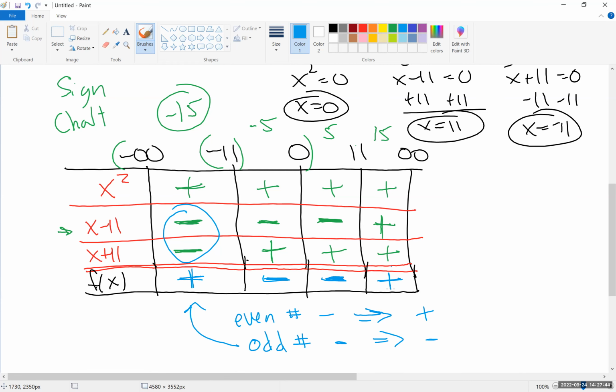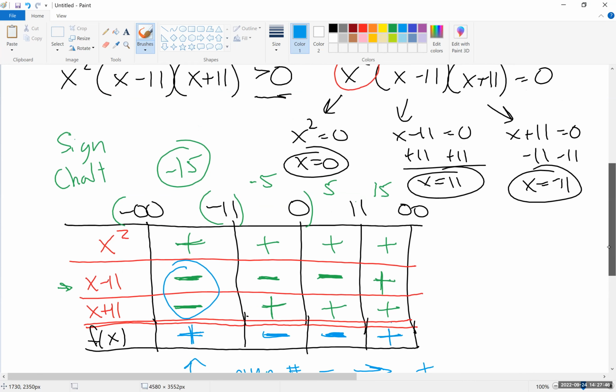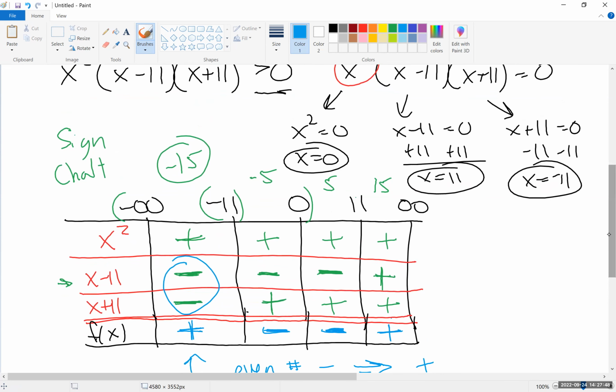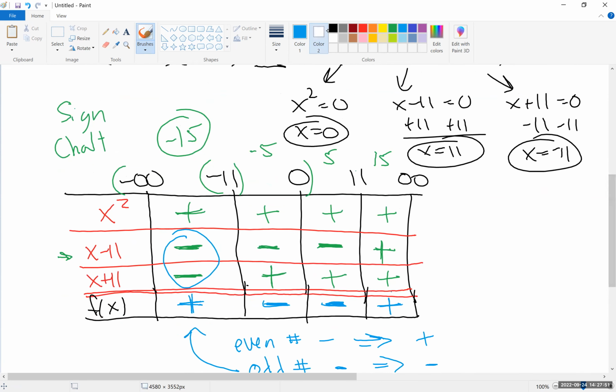Okay, so if the problem is asking you to create a sign chart, for the interval you're going to put from negative infinity to negative 11, and the sign you're going to put is positive. Or you could say that means we're above the x-axis. For the next interval, it's going to be negative 11 to 0.